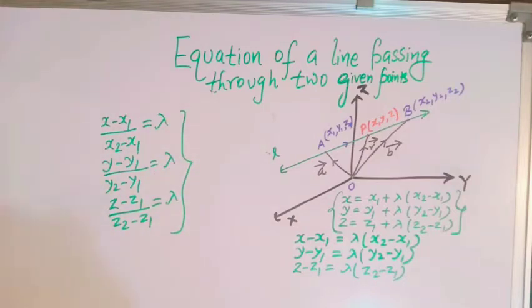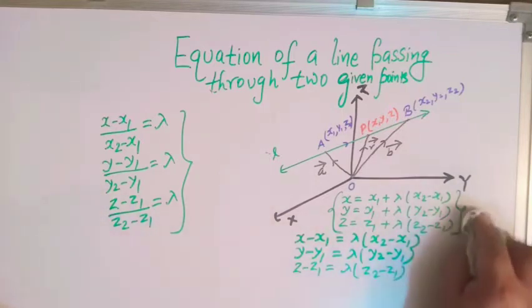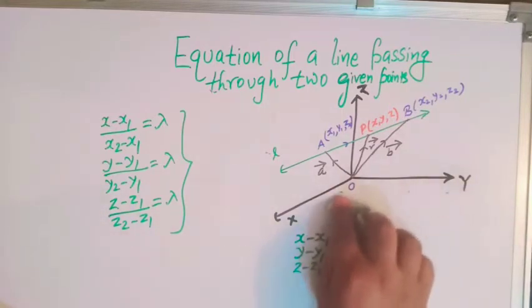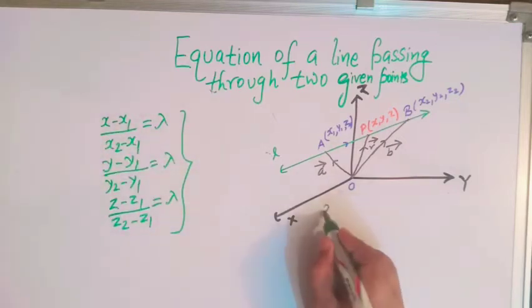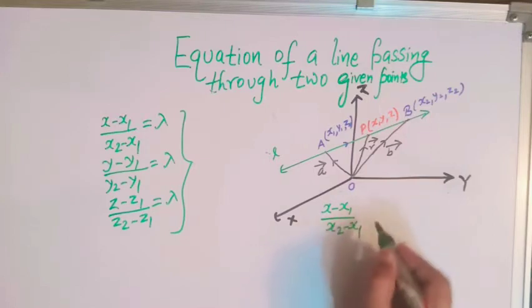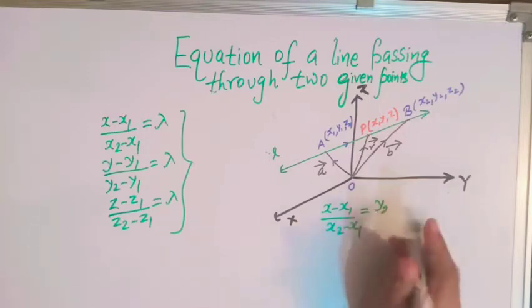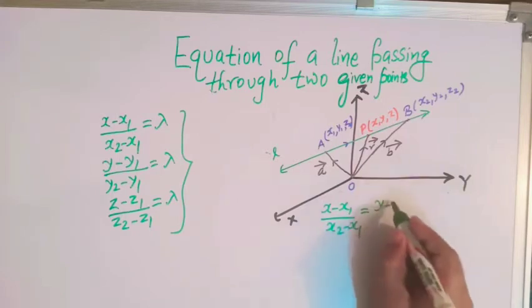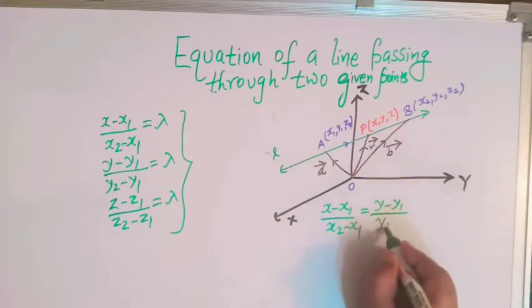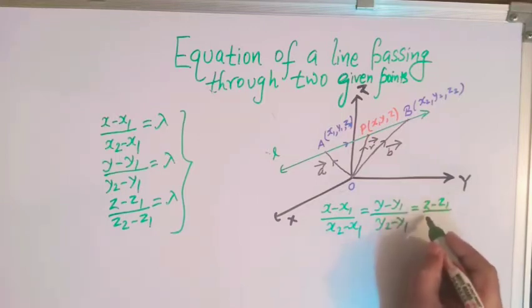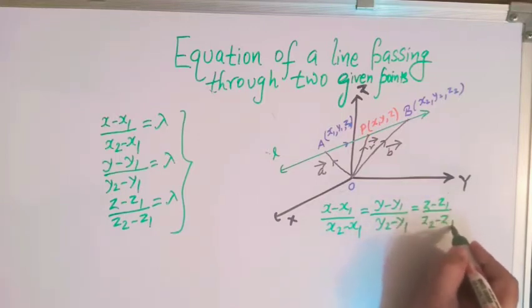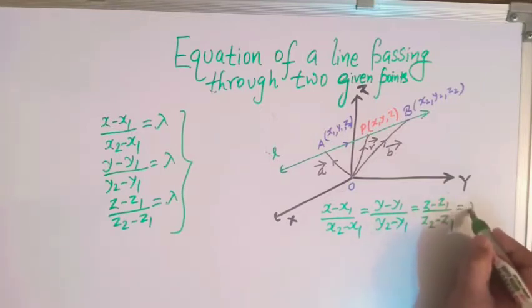Now if we write these equations in the form of a single equation, then we have x minus x1 divided by x2 minus x1 is equal to y minus y1 divided by y2 minus y1 is equal to z minus z1 divided by z2 minus z1 equal to lambda.